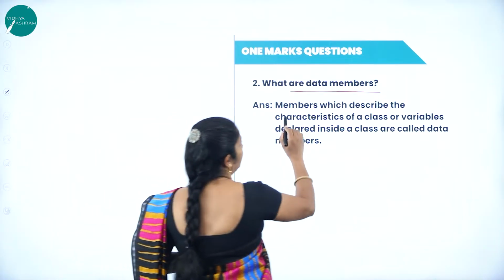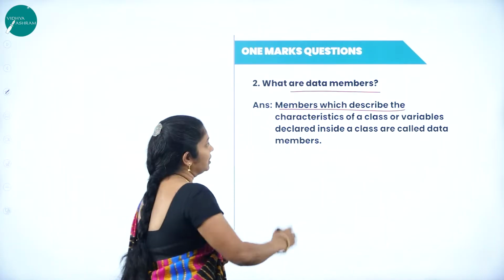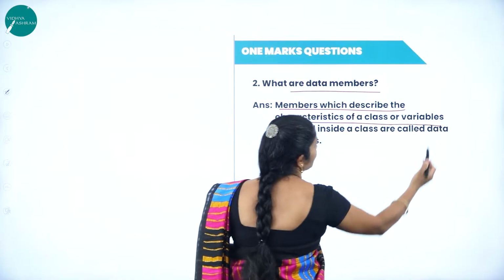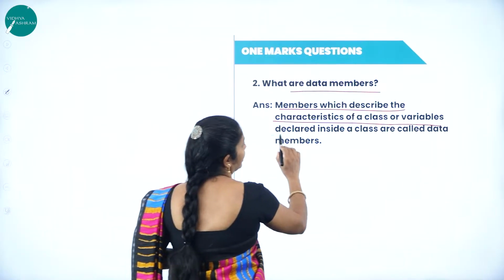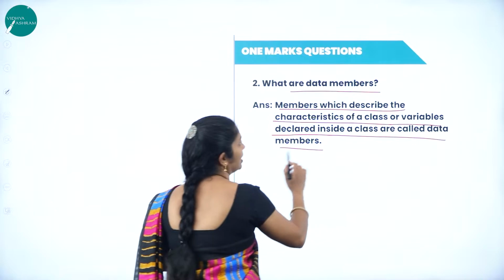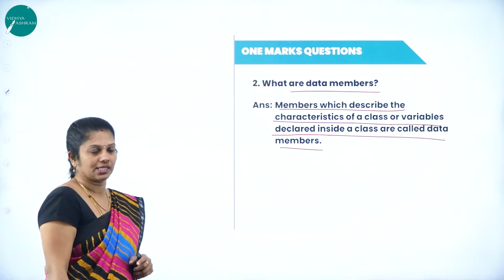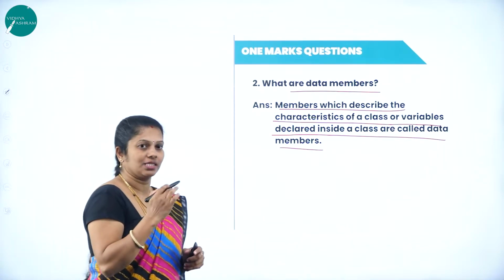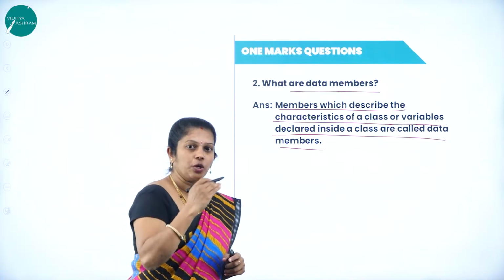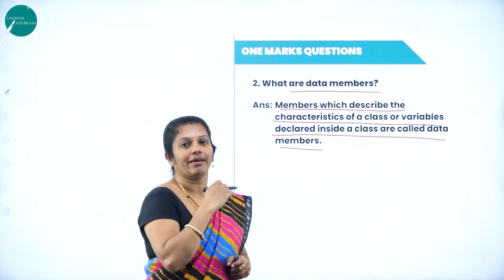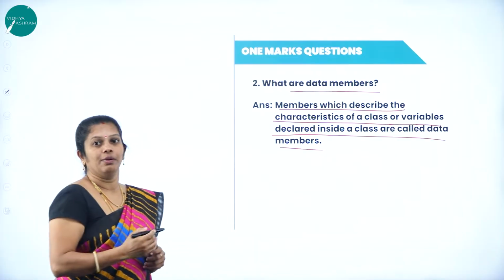Members which describe the characteristics of a class, or variables declared inside a class, are called data members. Data members are nothing but variables which we use in the program, or they describe the characteristics of those variables.